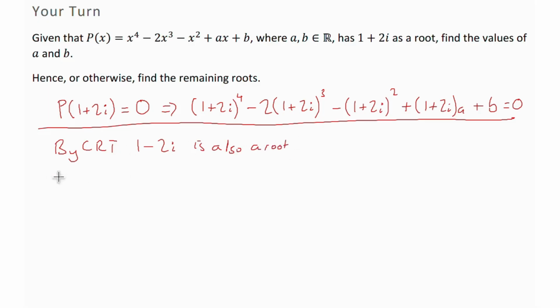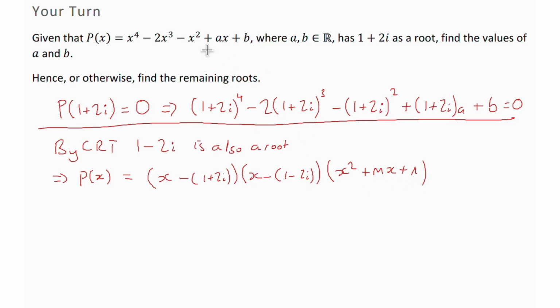So that means that p of x can be written as x minus 1 plus 2i, x minus 1 minus 2i, times by, and because this is a quartic, we need 2 more linear factors, which means this is a quadratic. So x squared plus mx plus n, using letters that we're not already using, a and b here.